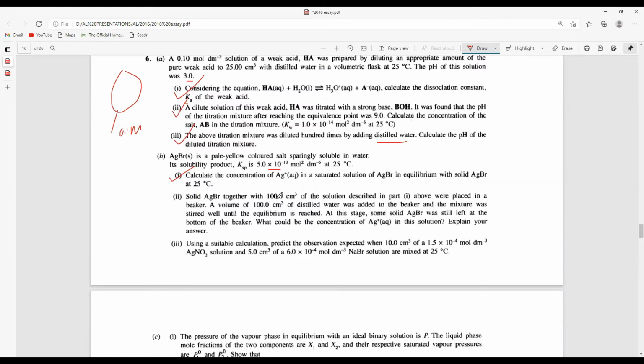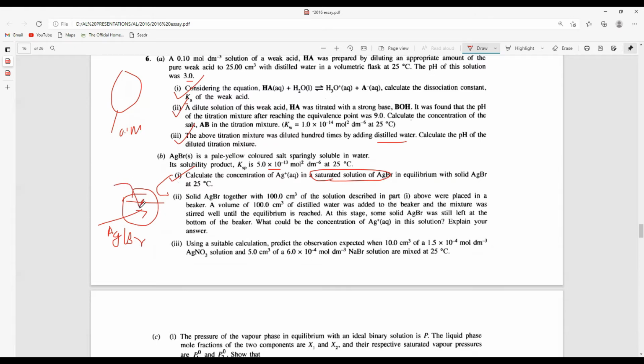Solid AgBr together with 100 cubic centimeter of the solution described in part 1. So part 1 means this is our saturated solution. This is a saturated solution of AgBr in part 1. Solid AgBr is added together with the solution from part 1 in a beaker. A volume of 100 cubic centimeter of distilled water was added to the beaker, and the mixture was stirred well until the equilibrium state.